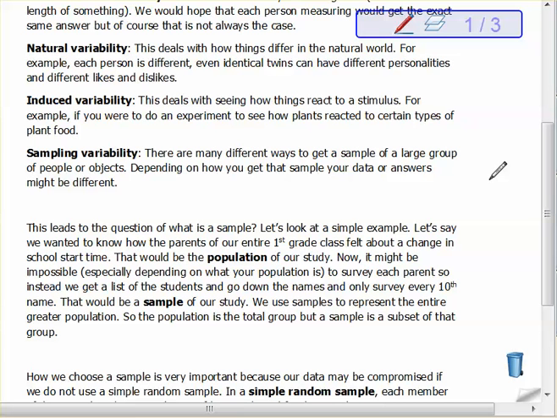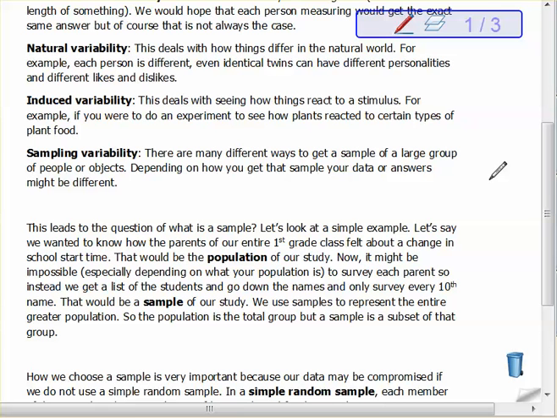Okay, so I should hope that you're asking the question now, well, exactly what is a sample? So let's look at a simple example. Let's say that we wanted to know how the parents of our entire first grade class felt about some change like school start time. Well, that would be what we call the population of the study, the entire group that we want to find something out about.